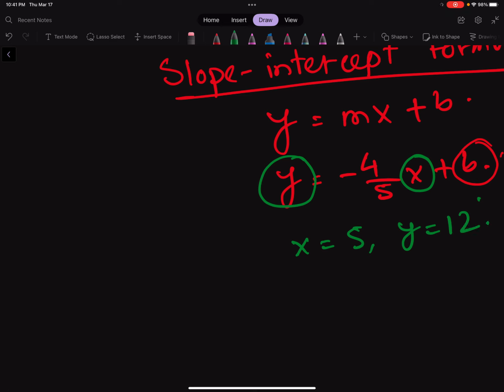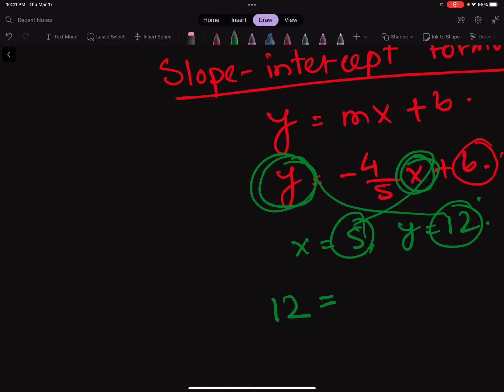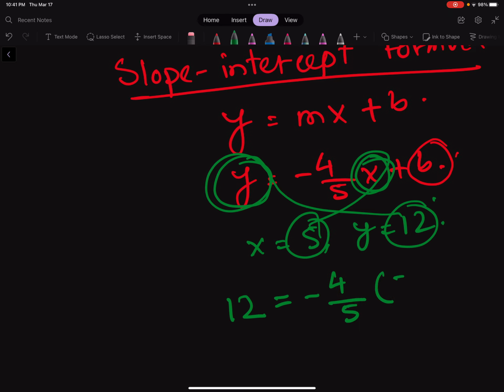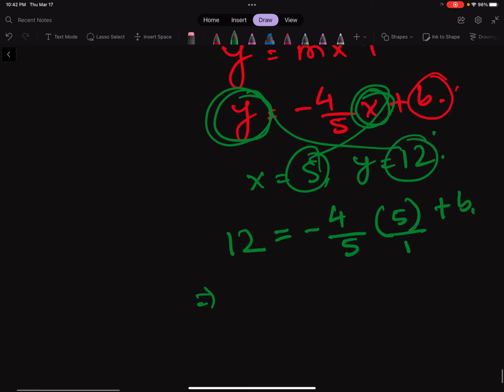So let's plug in: 12 equals negative 4 over 5 times 5 plus b. The 5s cancel out, so we have 12 equals negative 4 plus b.